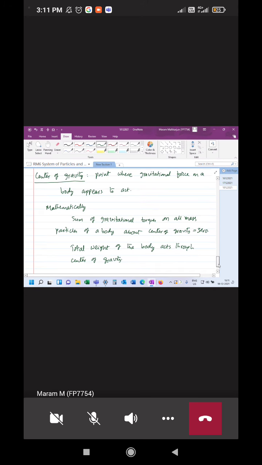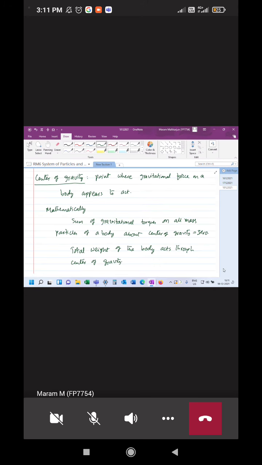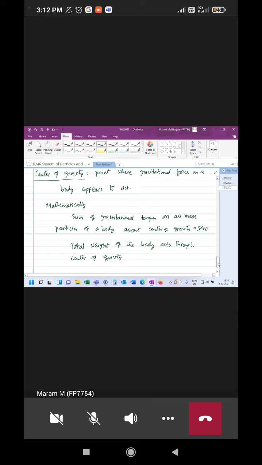For us, from an objective point of view, only one simple point is important: center of gravity will coincide with center of mass for bodies which are small in size compared to the size of Earth. If they are very large compared to the size of Earth, then center of mass and center of gravity may not coincide. That is the only point you need to remember about this concept. Other than that, of course, we'll do some problems, but the theoretical bit is only that one.